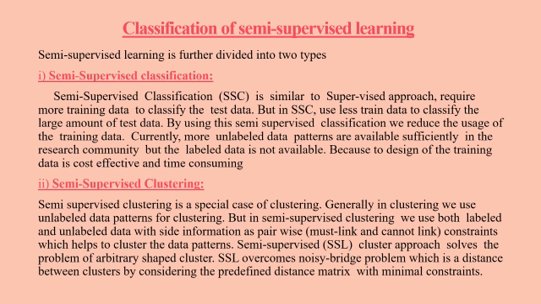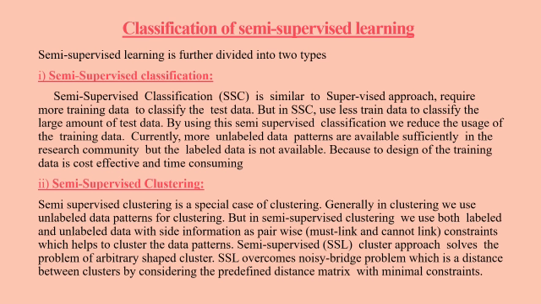Currently, sufficient unlabeled data patterns are available in the research community, but labeled data is not, because designing the training data is costly and time consuming. Second is semi-supervised clustering. Semi-supervised clustering is a special case of clustering.